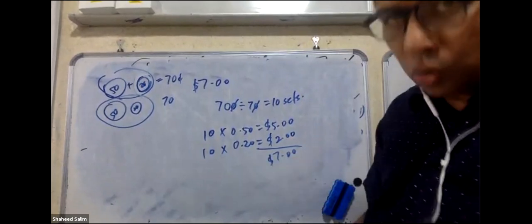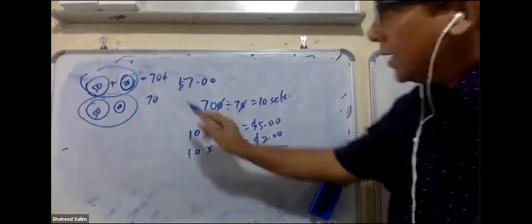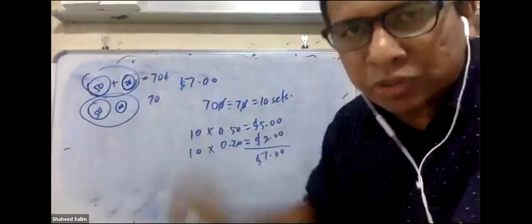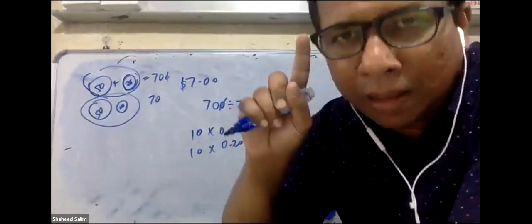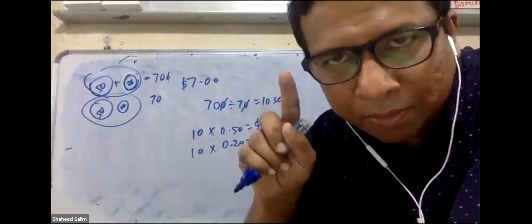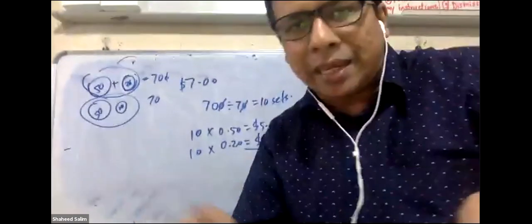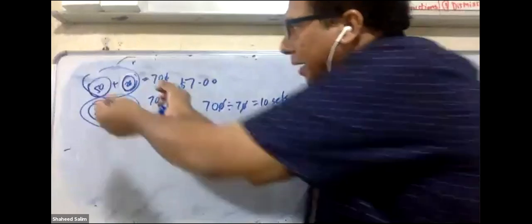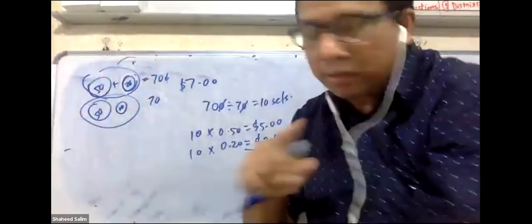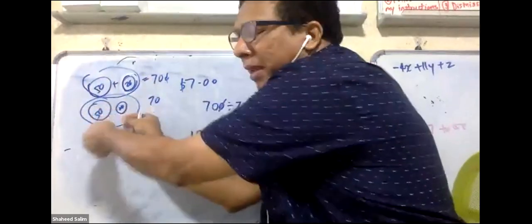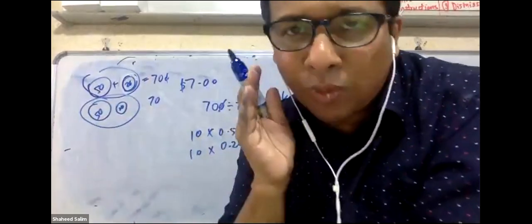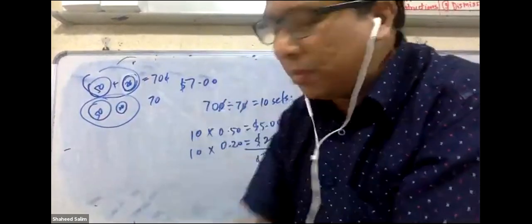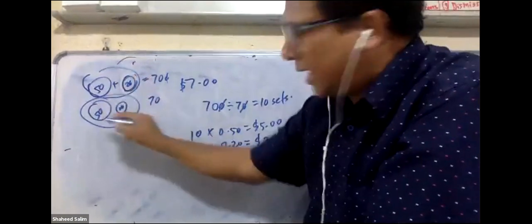But I got to go in slow motion now. So one set, why am I counting in terms of set? Because they tell me the number of 50-cent coins is the same as the number of 20-cent coins. So let's say now 50 cent marry 20 cent. I make them one couple. So I have equal number of sets, so I can put them into sets.